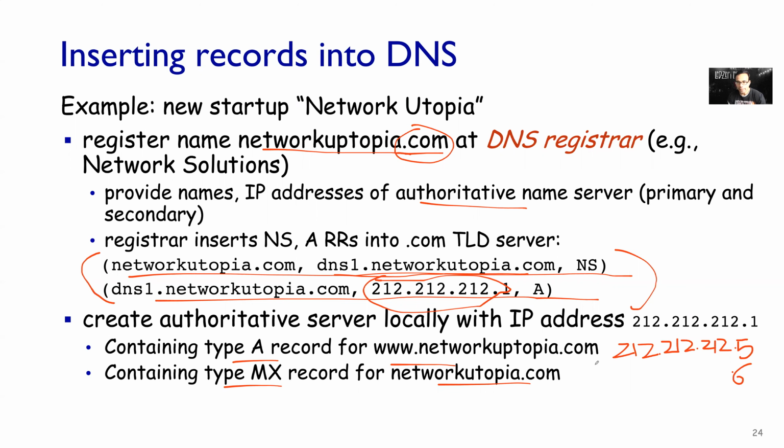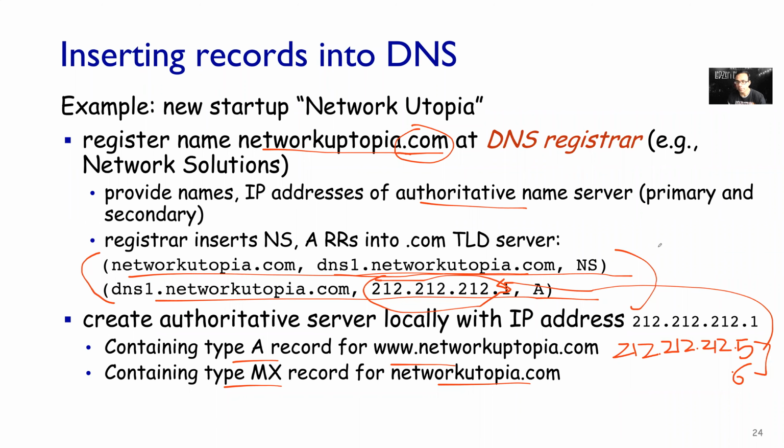So that would be the type A record for your web server, and this would be the type MX record for your mail server. And these two records then need to go and sit inside this IP address. So in that particular DNS software that you're running, you need to create these two entries, right?